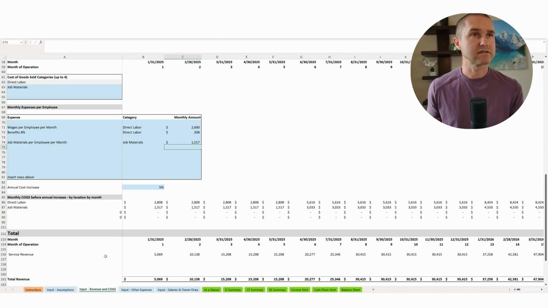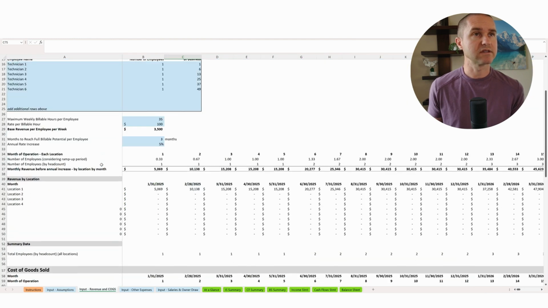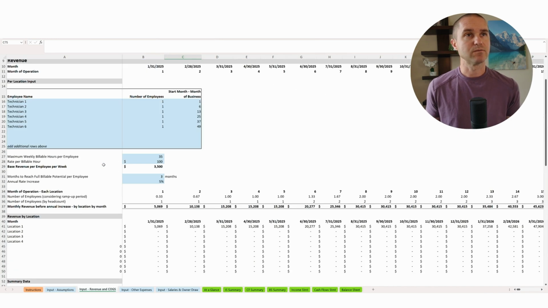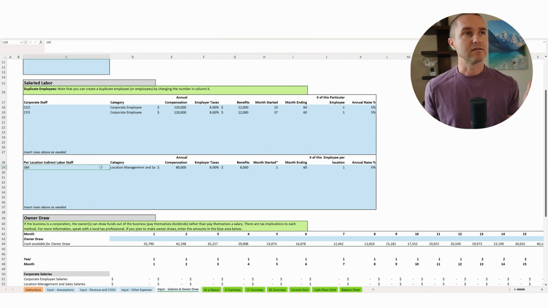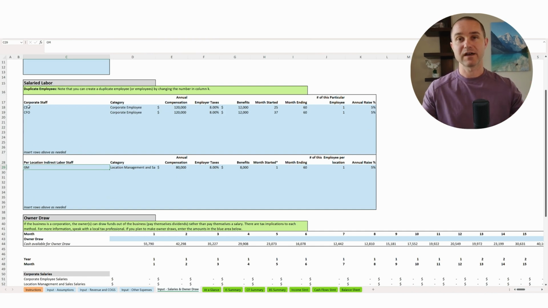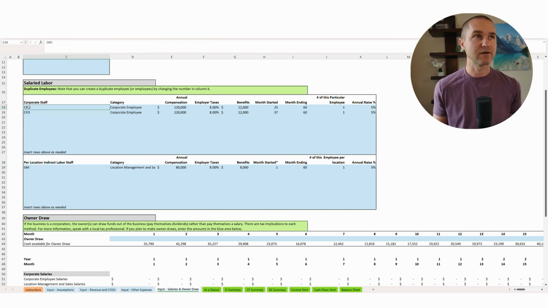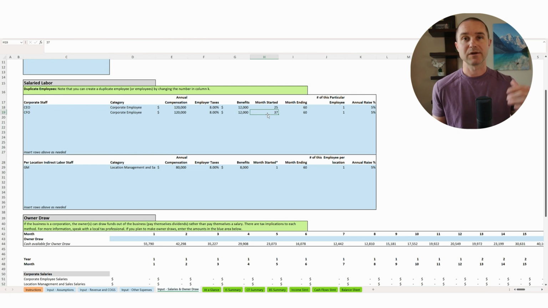Okay, so last couple of things. This is really all going to look the same, because this is really just modeling out what one unit looks like, right? So that's not going to need to change. This won't need to change much either. But this is where maybe you have corporate-level staff because you've got 4 different locations, and so you say, okay, we're going to hire a CEO in month 25, and then in month 37 we're going to hire a CFO because we're going to have 4 of these locations and there's a lot going on, so we need more corporate-level staff.